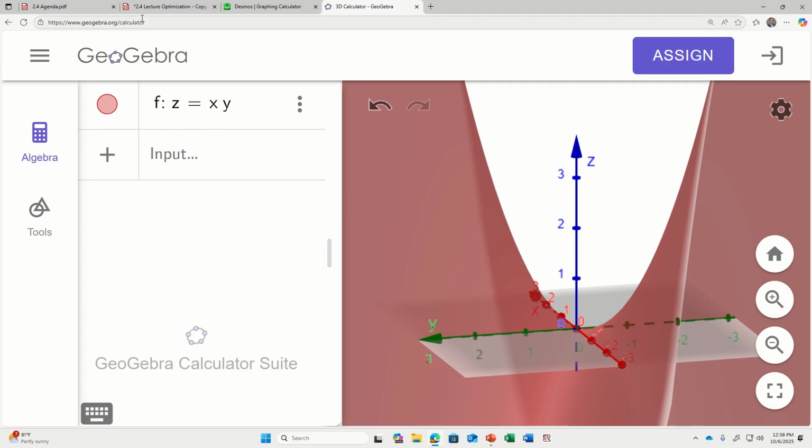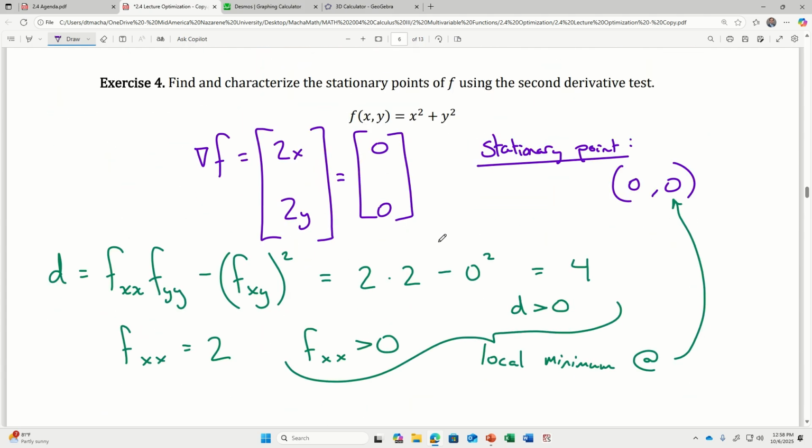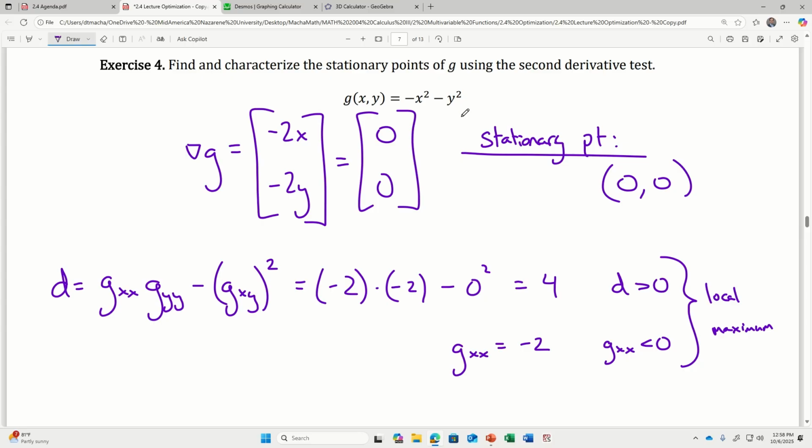And I like to show those examples because it kind of illustrates maybe the intuition behind the second derivative test. Like this was a minimum because it's clearly a parabola in the x direction and a parabola in the y direction, so it's a minimum no matter which slice you're taking, the x direction or the y direction. This one was obviously a maximum because it's a downward parabola in the x direction, it's a downward parabola in the y direction.